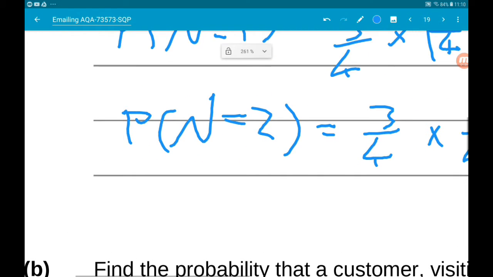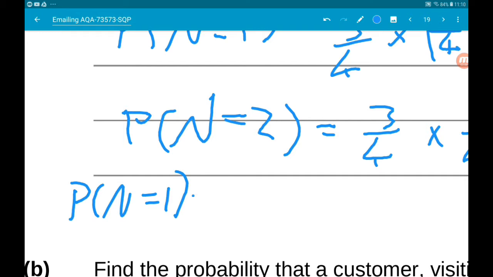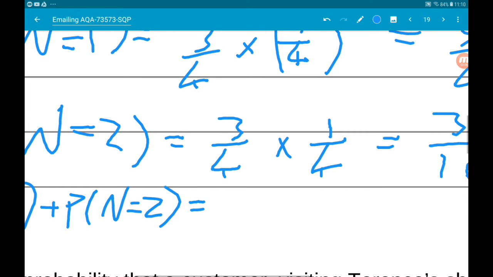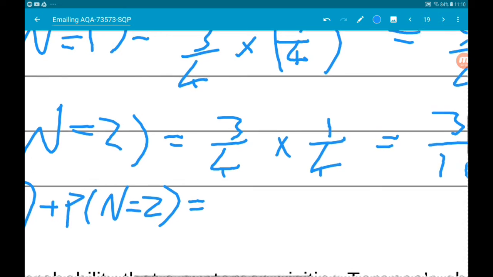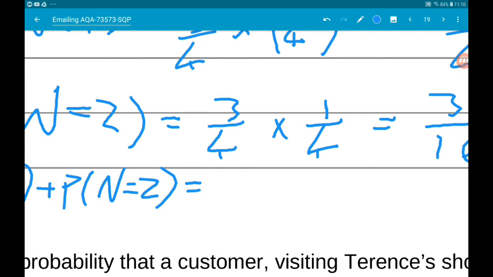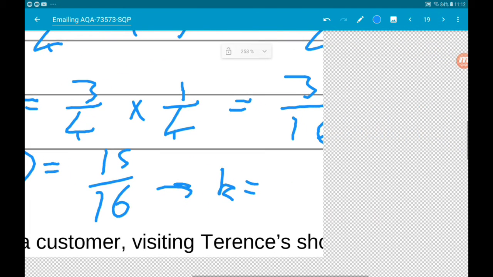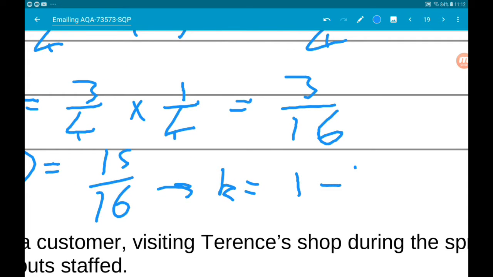So, those two added together, 3/4 and 3/16, give us 15 over 16. So, k is 1 minus 15 over 16, which gives us 1/16.